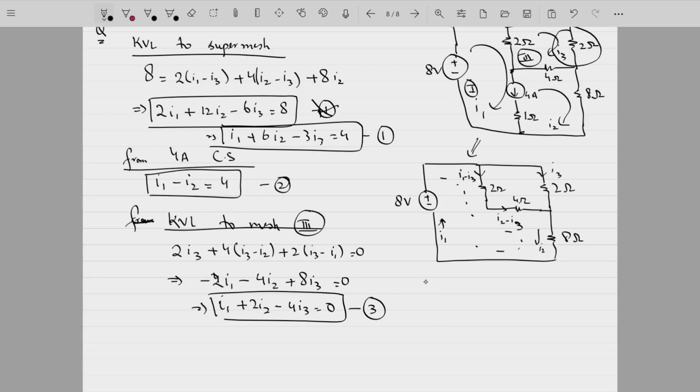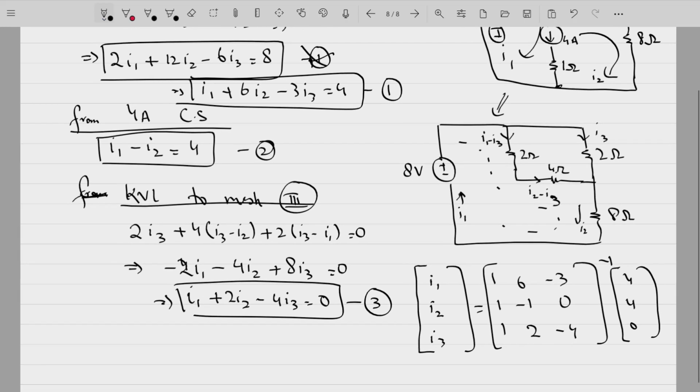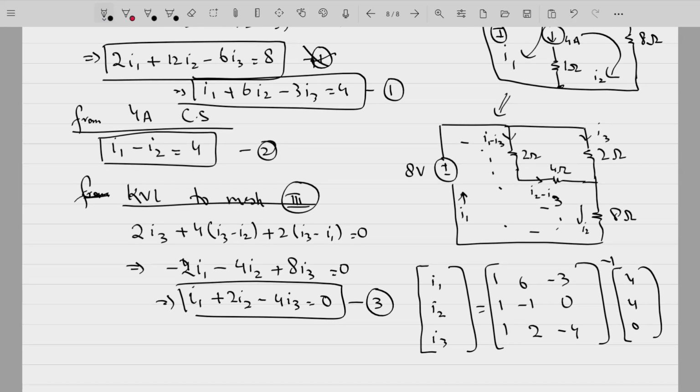So we therefore have I1, I2, I3 equal to the inverse of the matrix 1, 6, minus 3; 1, minus 1, 0; 1, 2, minus 4, into 4, 4, 0. If you solve for this particular matrix, you'll get the values of I1, I2, and I3.